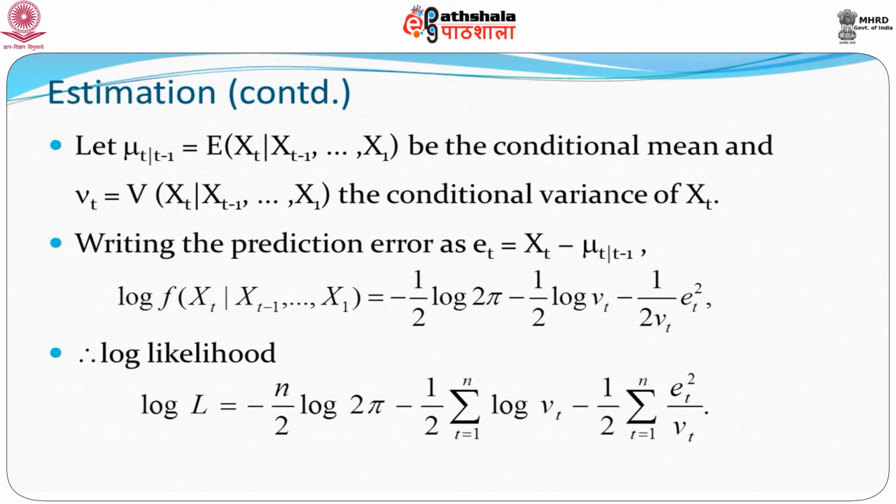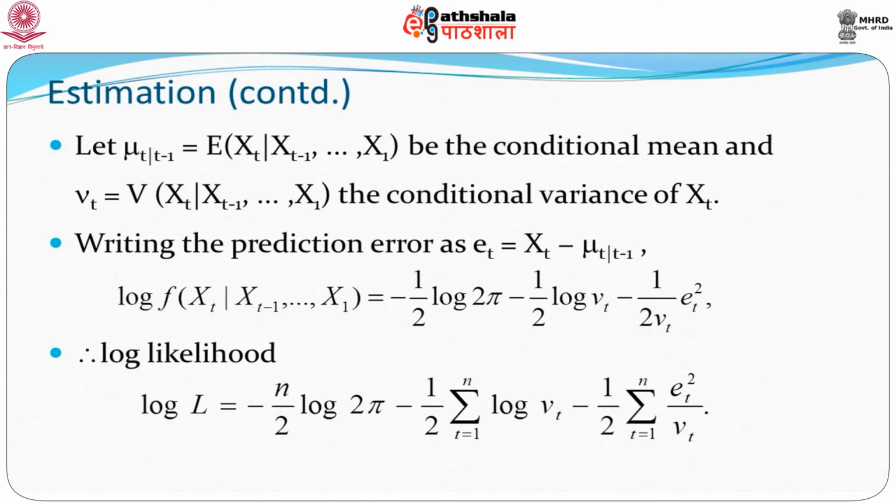Now, having defined e t, we can write the log of the joint distribution as minus 1 by 2 log of twice pi minus 1 by 2 log eta t minus e t square by twice mu t. This is the usual normal distribution.